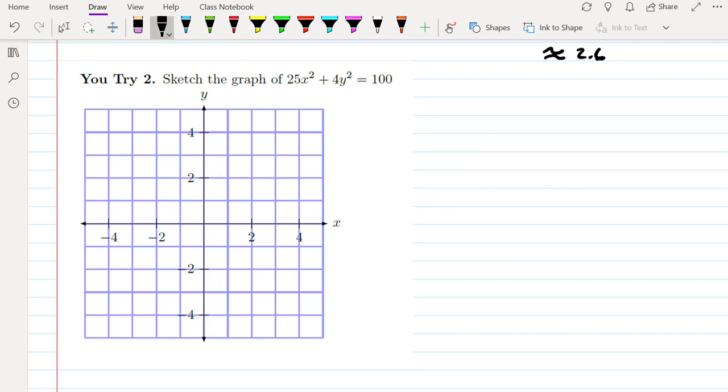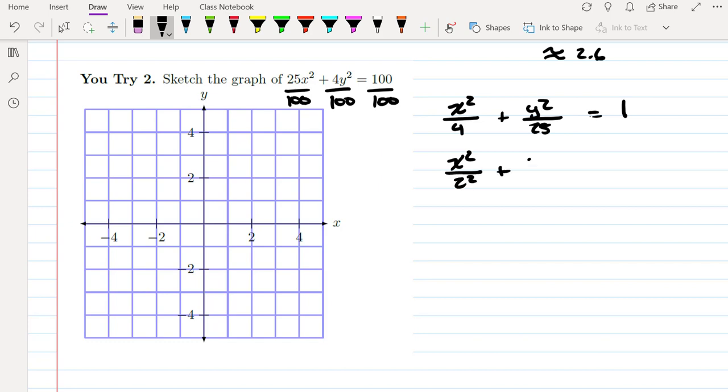All right, so once again, we need to divide everything by 100. And that gives us x squared over 4 plus y squared over 25 is equal to 1. Recognizing that that's 2 squared and 25 is 5 squared. So this is definitely going to be our larger one this time. So that's our a, and this is going to be our b.